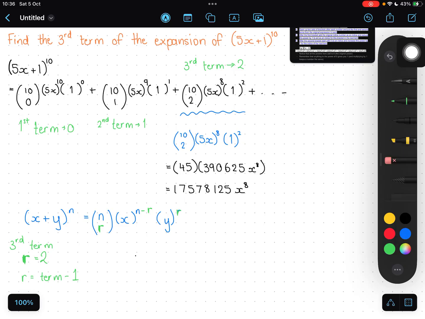So if I tried to get my third term without doing out my binomial expansion, the question was (5x + 1)^10. By comparing these, n was the power outside, so 10. Then I need to put r at the bottom. They've asked me for my third term, so r is 2.